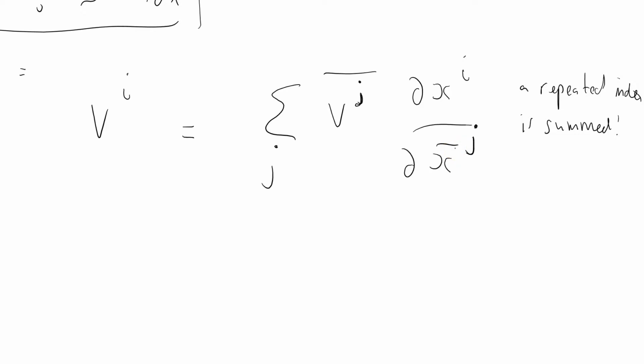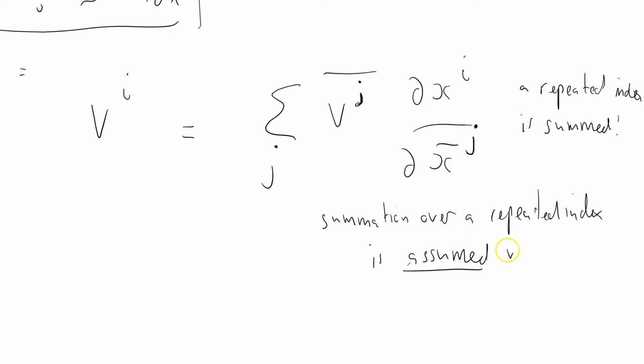So the Einstein summation convention says that summation over a repeated index is assumed or understood, and you do not need to write the sum.